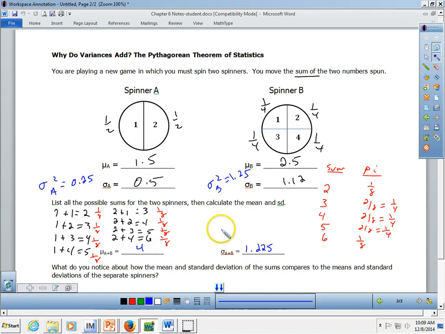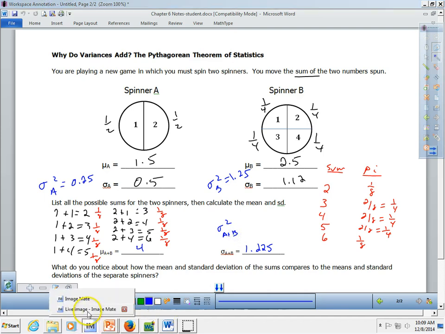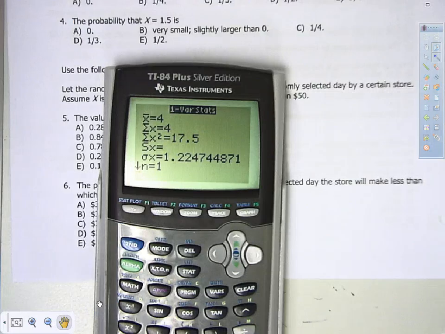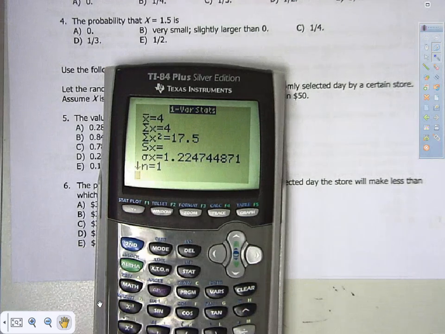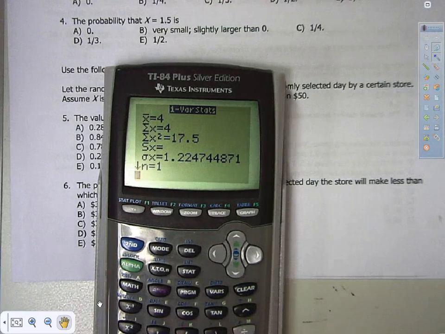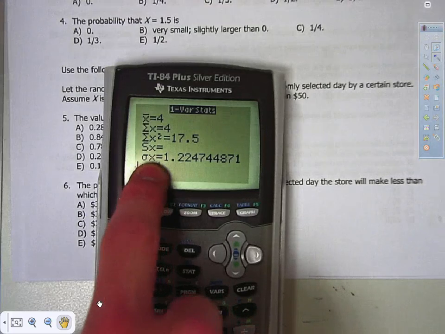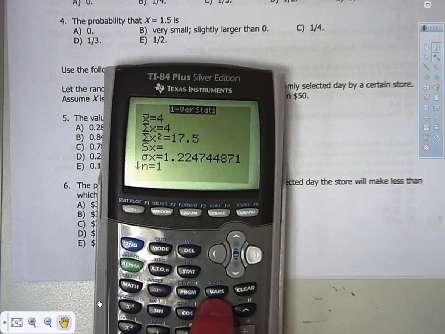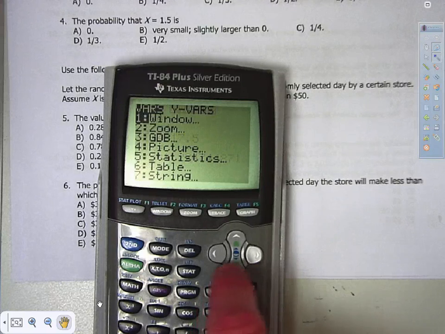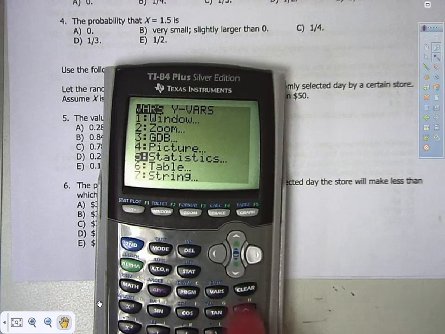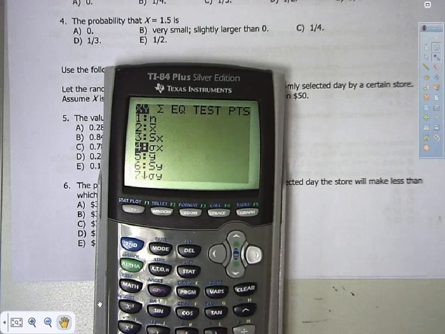My question is, what's the variance for adding these two guys together? Okay? Now, to see that, I want to take the standard deviation and square it, right? I'm going to do this as accurately as possible. So since I did a calculation, sigma sub x is stored in my calculator. And it's stored under your variables, right here, vars. You go down to statistics and grab sigma sub x.